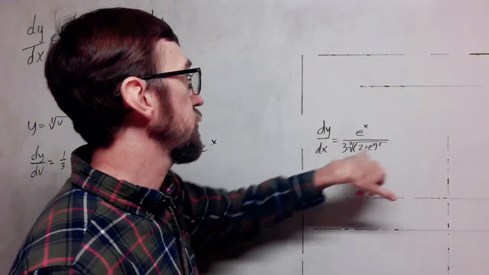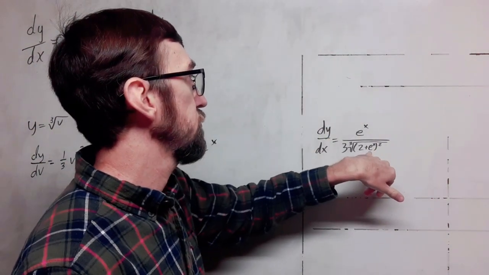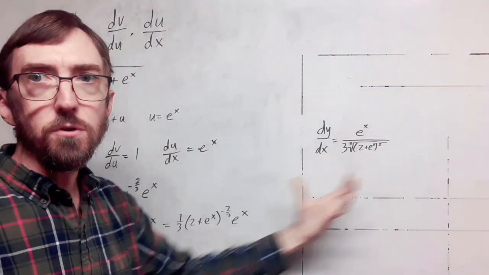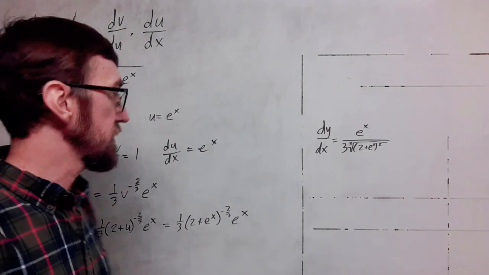We have 3 times the cube root of (2 plus e to the x) squared. So algebraically, these are equivalent, and there are some intermediate steps there.